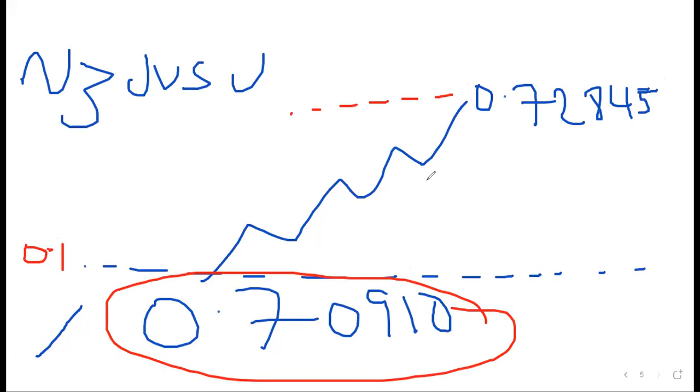Tell me the pips and tell me the amount. 193 pips. So how much have you made?